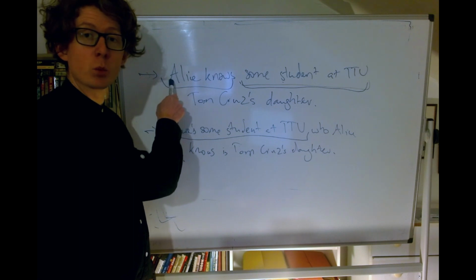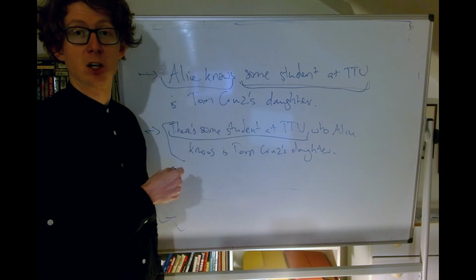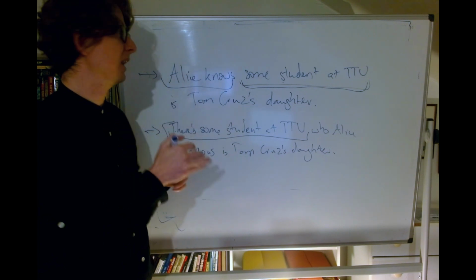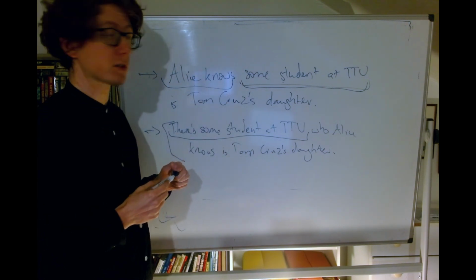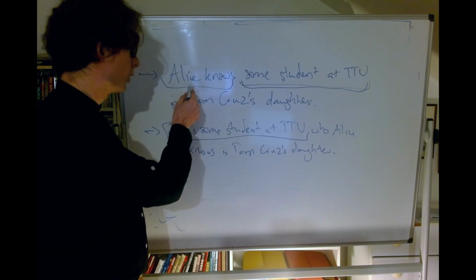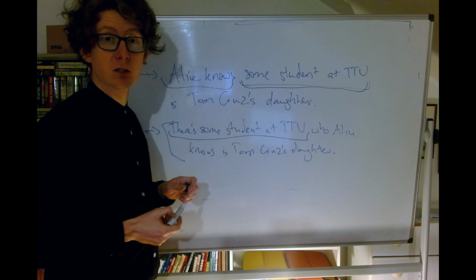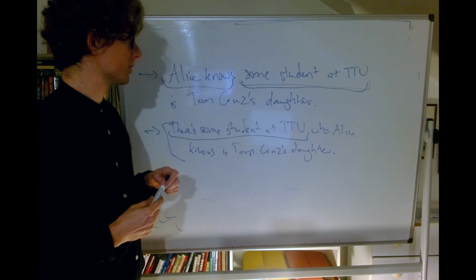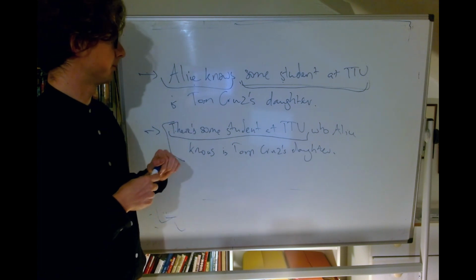So it seems like the reason why there are two different meanings here is because there is kind of some flexibility in which of these two things we interpret as coming first. One reading, Alice knows, is interpreted as coming first. On the other reading, the some student bit is interpreted as coming first. And this is basically why this is now called a scope distinction.